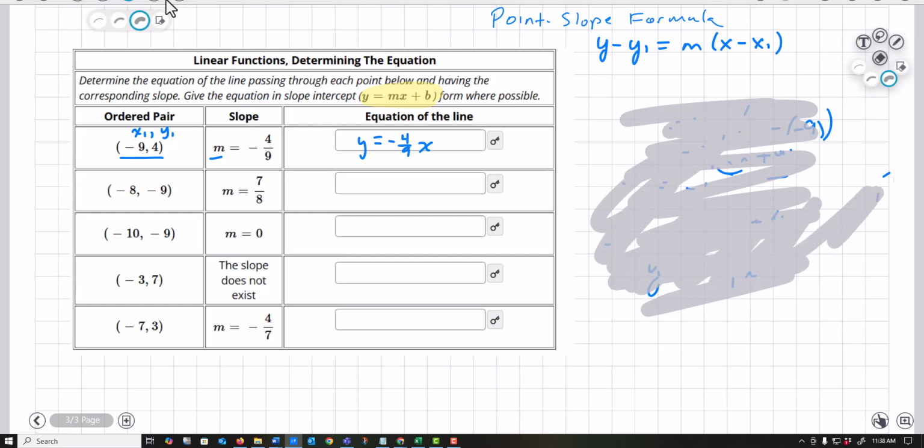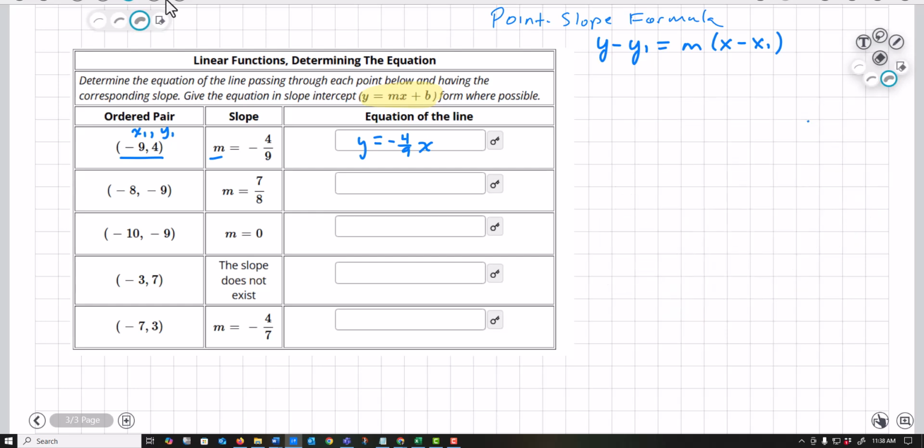All right, so I won't do every one of these because I want you to practice these using this technique, but I will tell you that if you know the rules, this one is y equals negative 9 and this one equals negative 3. And you might say, well, how do you know that? Well, think about it.